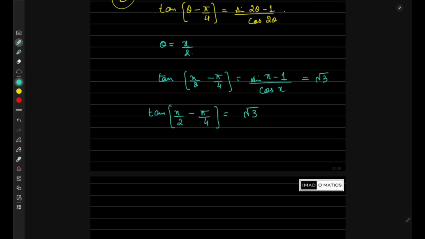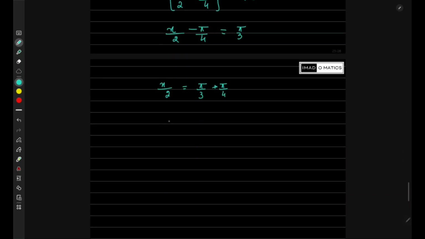Now taking the tan inverse on both sides, x by 2 minus pi by 4 is tan inverse under root 3, which is pi by 3. X by 2 is equal to pi by 3 plus pi by 4. X by 2 is equal to (4 pi plus 3 pi) over 12.